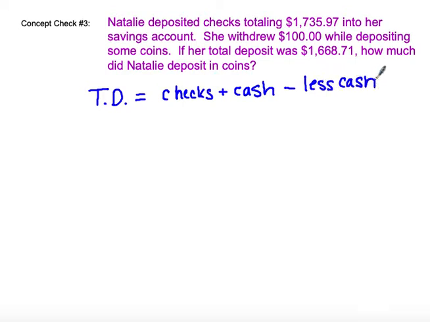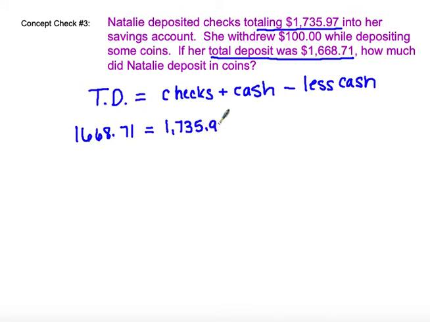All right, so I'm going to put everything in. So it says her total deposit was $1,668.71. Her checks totaled $1,735.97. What we don't know is the amount of coins that she has. And she took out $100.